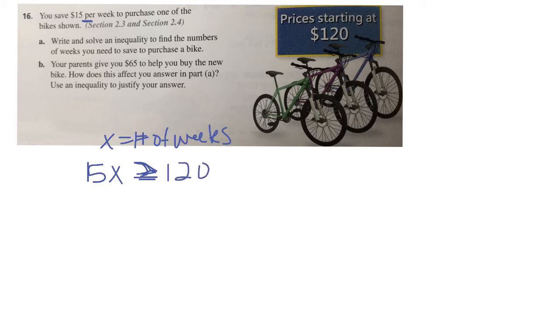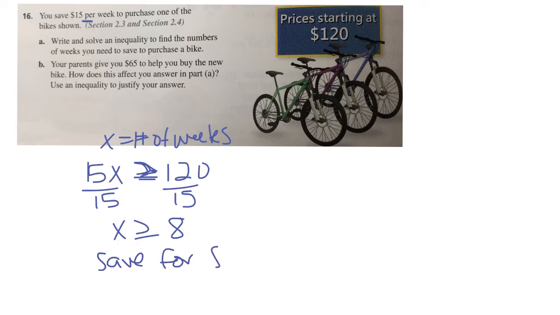So 15x is greater than or equal to 120. If we solve this, divide by 15, x is greater than or equal to 8. So you need to save for 8 weeks.